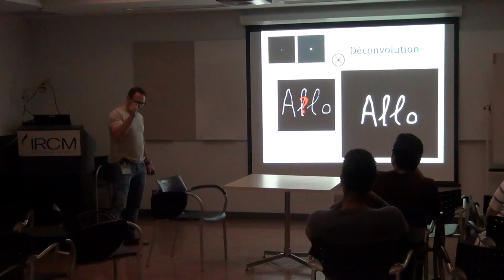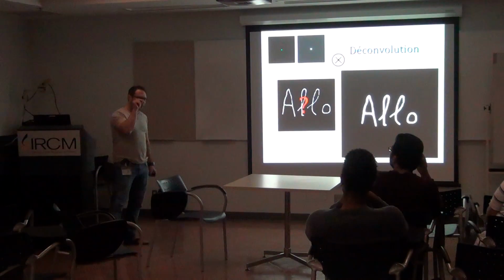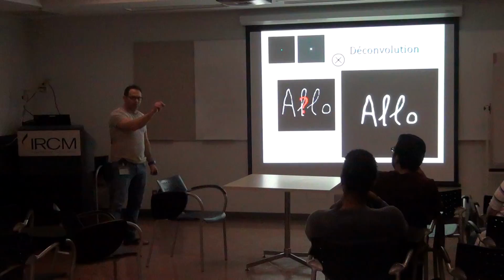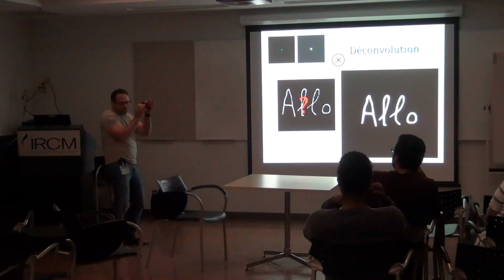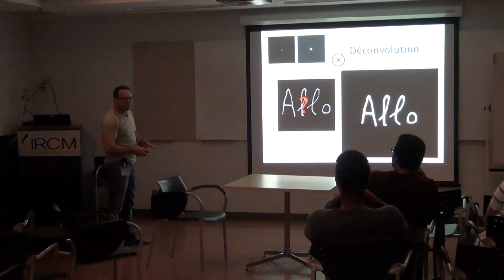So if I use my marker and I put a dot and I put another dot right across the other one, you cannot really know where the center of each dot is because you have kind of two mixed things.